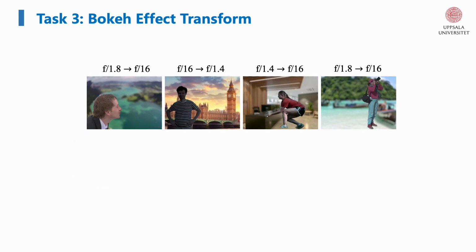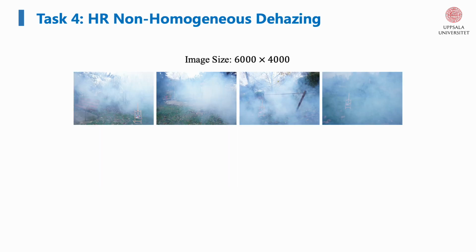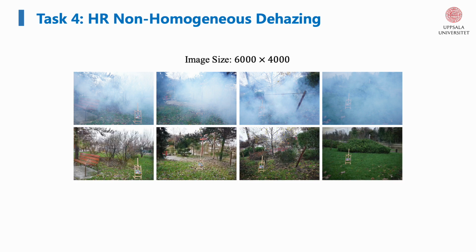For the bokeh effect transform task, given the lens information, our model can generate the corresponding images. For the dehazing task, the input images are almost 6,000 by 4,000 resolution, which is very difficult for normal diffusion models. We apply our unit-based latent diffusion model on this task and achieve good results.